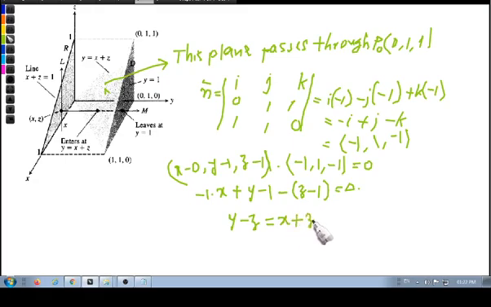That is the equation of the plane. So let me remove this minus z from this side. So y is equal to x plus z. The equation of this plane is y is equal to x plus z.